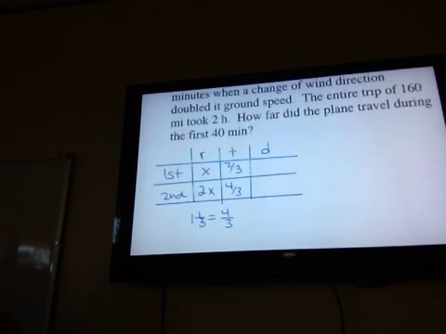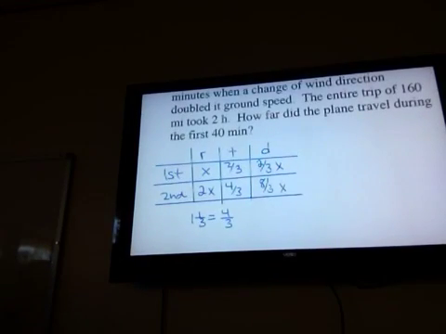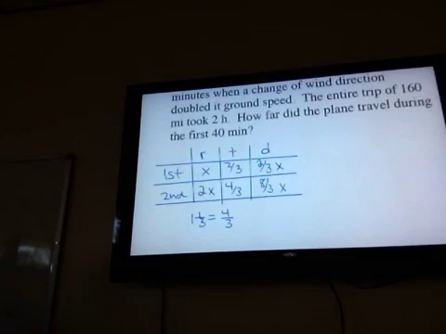So, distance box, always rate times time. x times 2/3, 2/3 x. 2x times 4/3. 2 times 4/3 is 8/3. It's like 2/1 times 4/3.